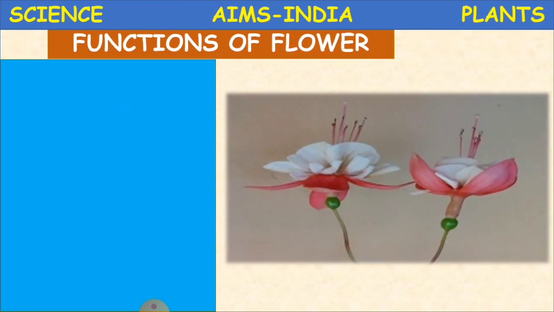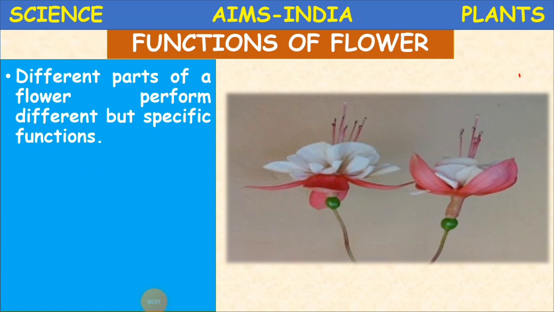Now we'll see the functions of the flower. Children, different parts of a flower perform different but specific functions. Until now we learned about the plant and how its parts function. Roots absorb the soil nutrients and water.